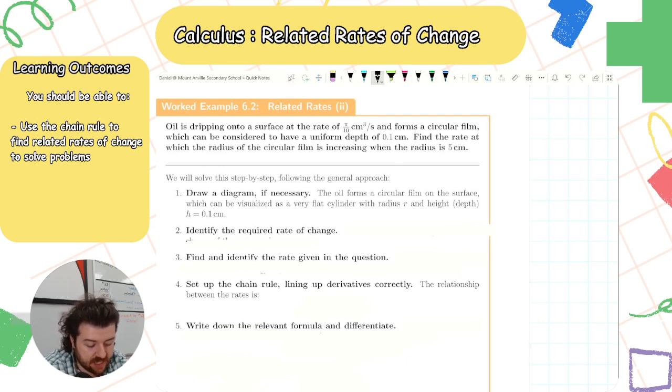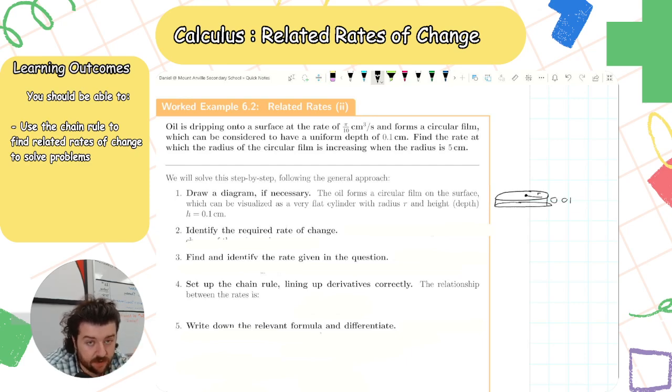So this oil forms a circular film on the surface, which can be visualized as a very, very flat cylinder. Right, and the height is 0.1.